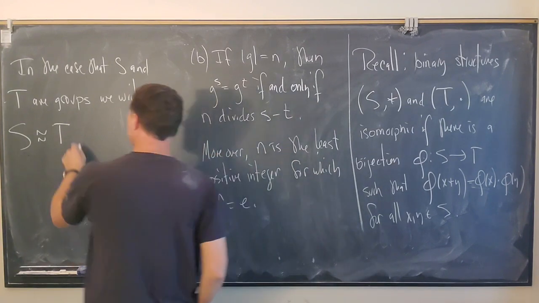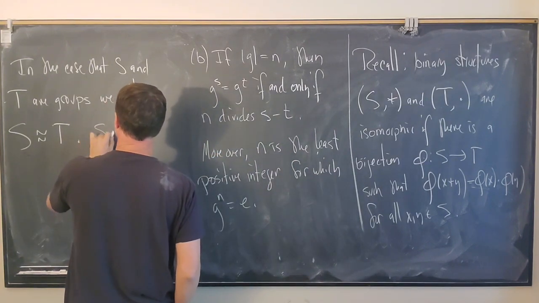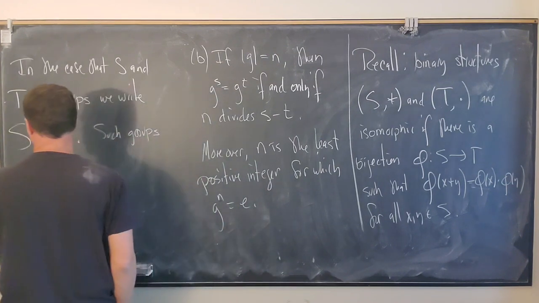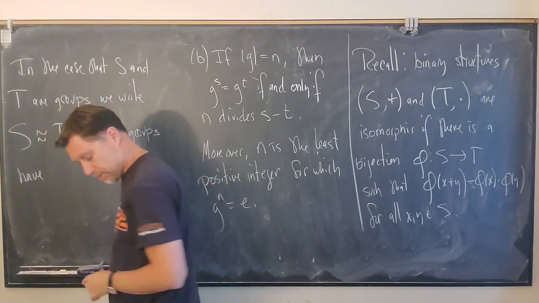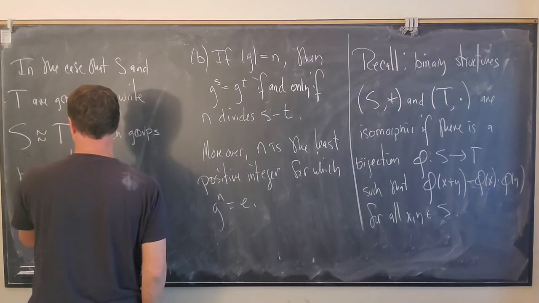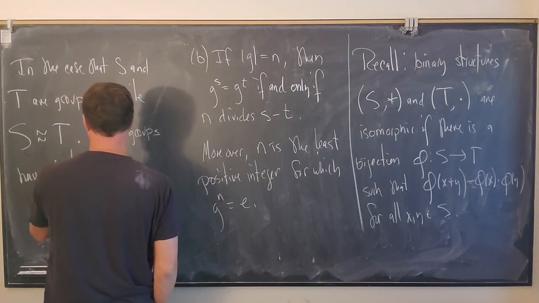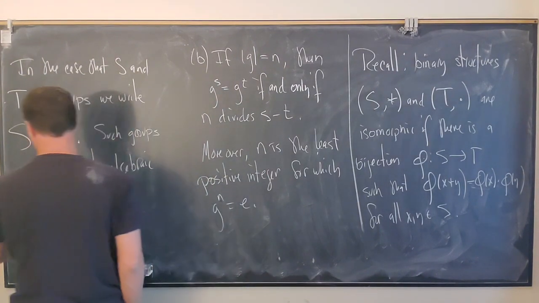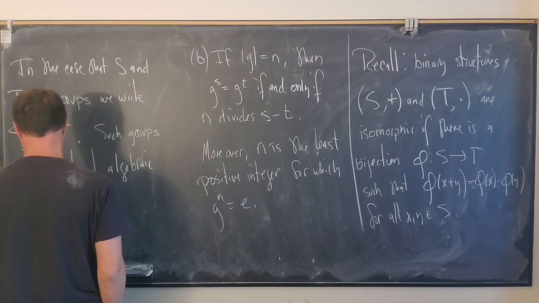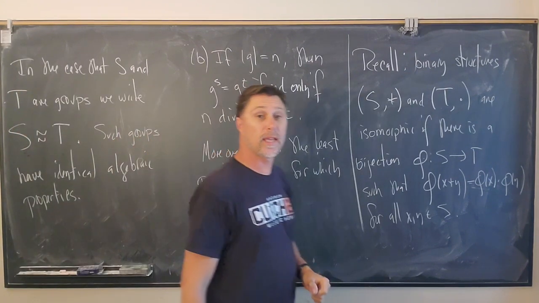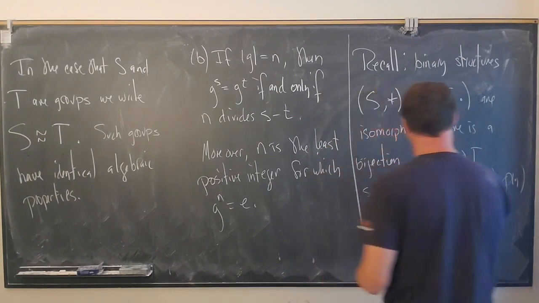And in this situation, such groups have the same, let's say identical, algebraic properties. So really then, an isomorphism is just a process of renaming the objects.